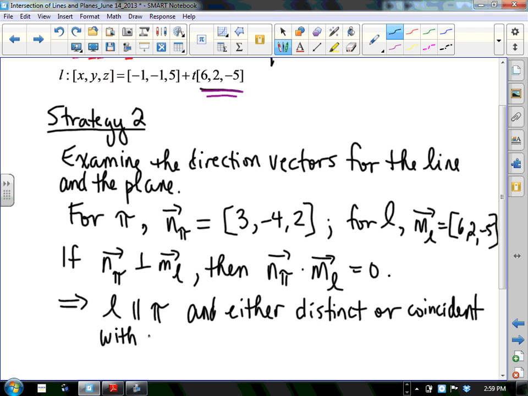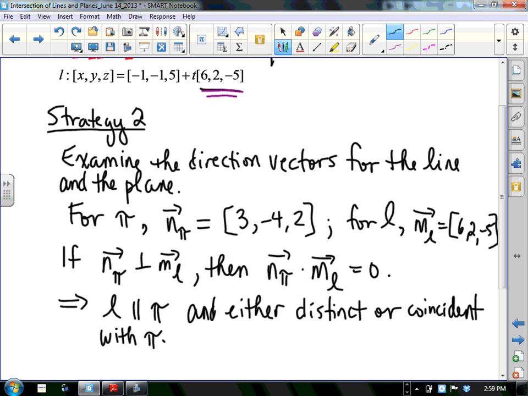So in order for us to determine if it's distinct or coincident, it really would be helpful if we knew if a point from the line was actually on the plane. Hence, we could determine if it is coincident.